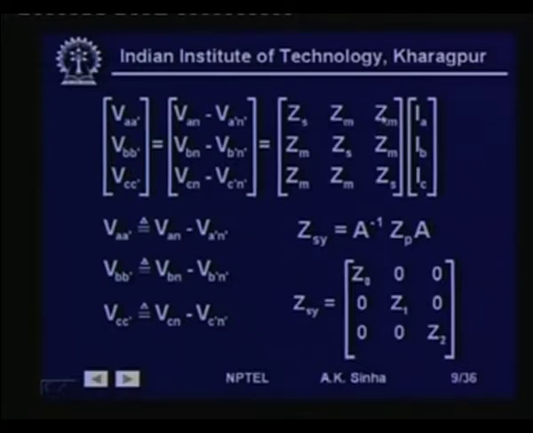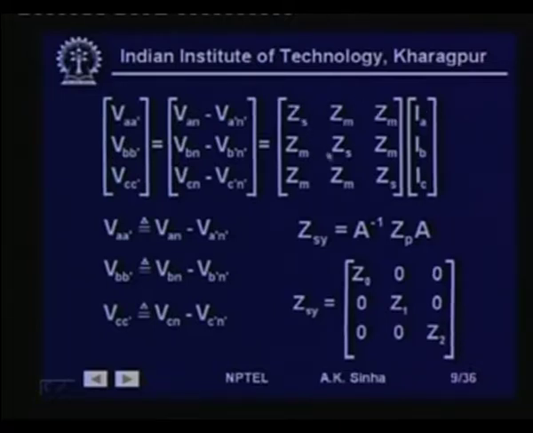Here what we see is a symmetric impedance matrix, a 3 by 3 matrix with all the terms present when we get the relationship between voltage and current for a 3-phase transposed line.